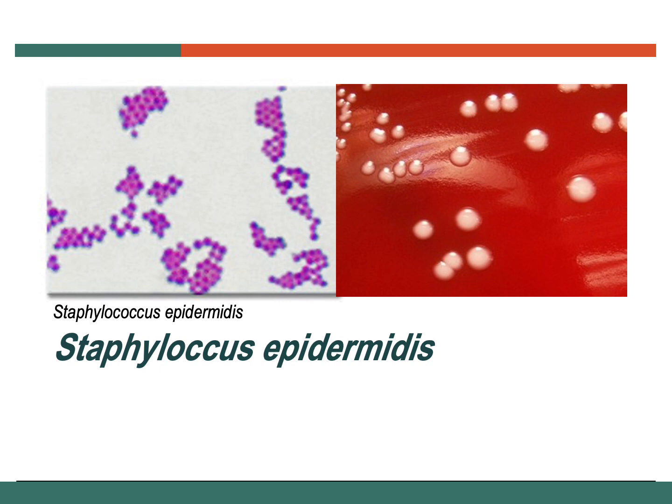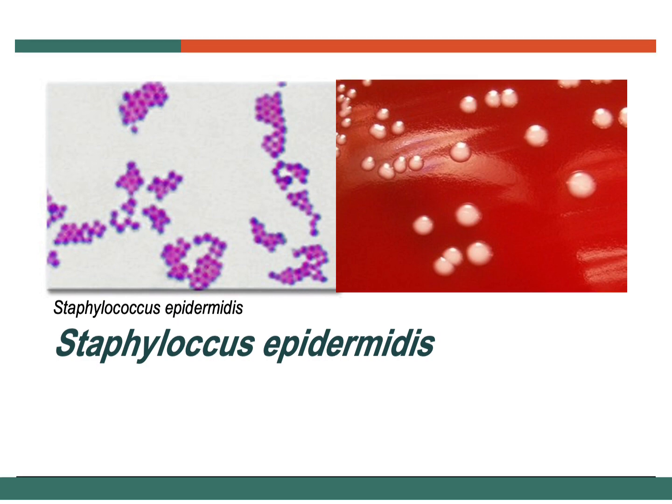So now let's go to Staphylococcus epidermidis. This is another species of staph. Okay? So this is not coagulase positive but rather a coagulase negative organism. So let's discuss some coagulase negative organisms that are still pathogenic to you.